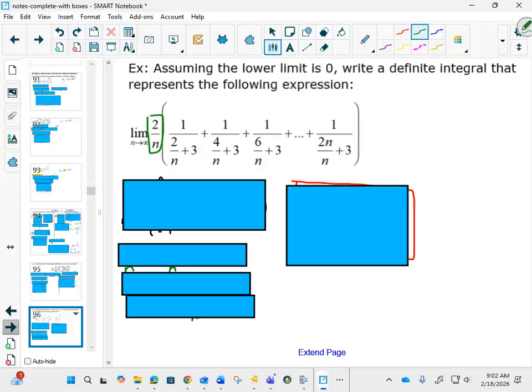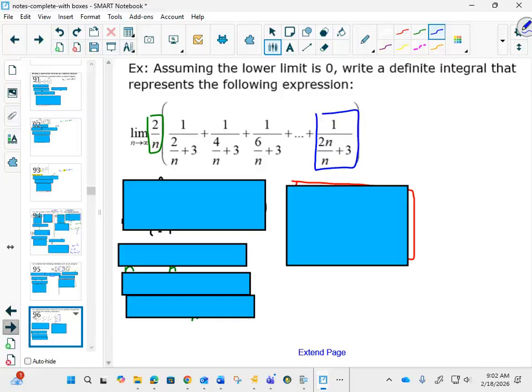That's the width of all those rectangles. And these are all of the different heights. So question, can we write this in summation notation? What's changing? What's staying the same? Okay. This last one kind of gives you the formula.